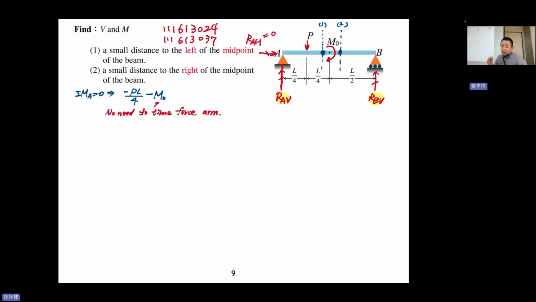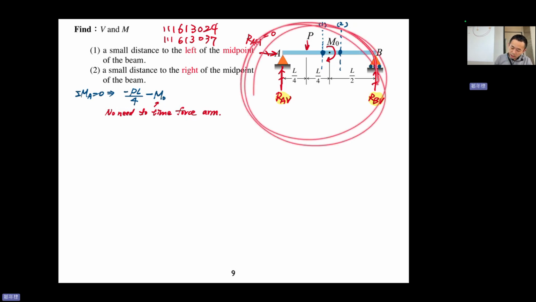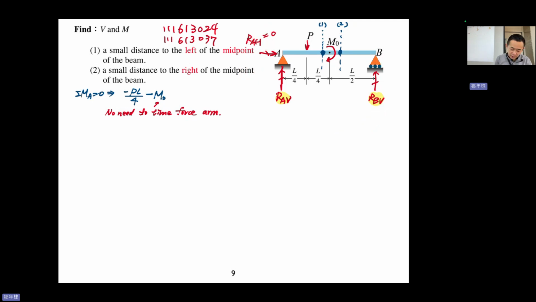The final RB is about A counterclockwise, so positive RBV L equal to 0. So your RBV is P divided by 4 plus M0 divided by L. Okay, so this is your first unknown.